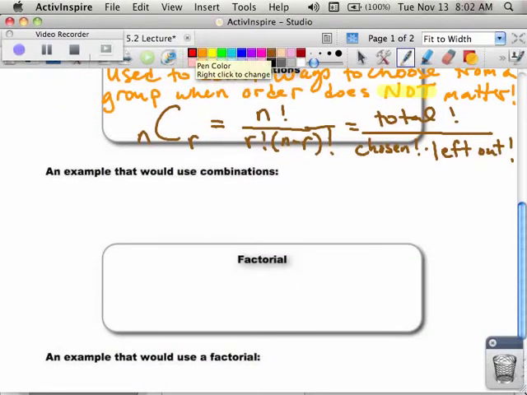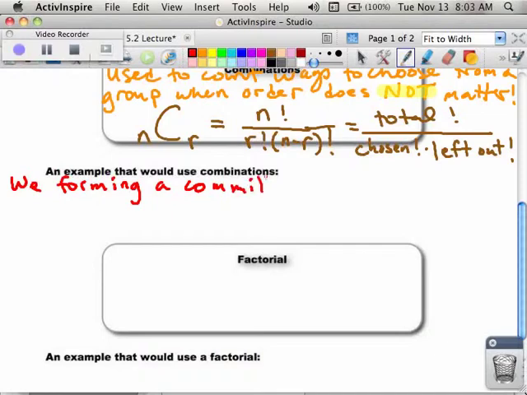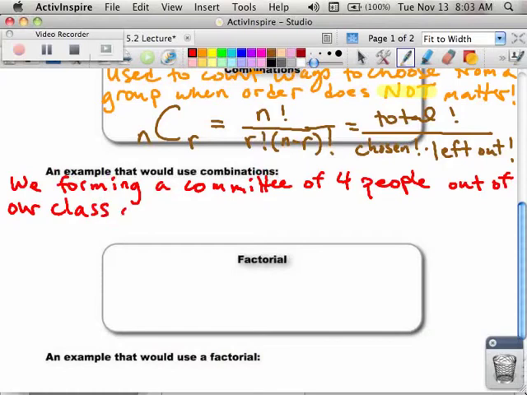Let's say that we're forming a committee of 4 people out of our class of, I don't know, roughly 27.